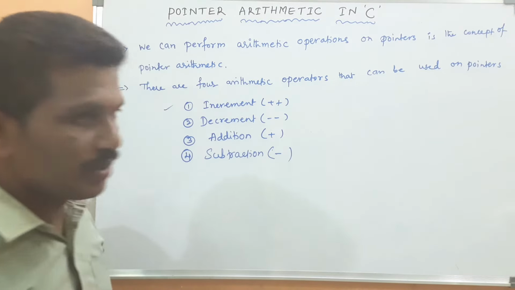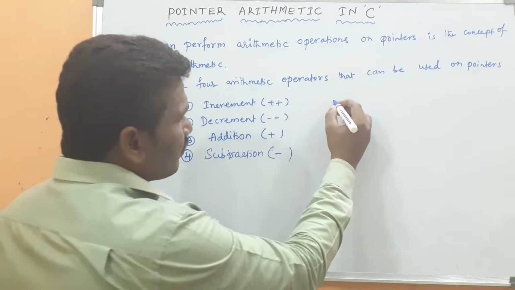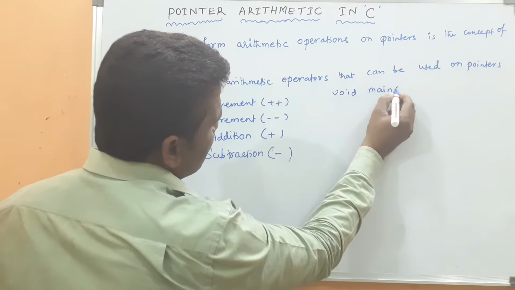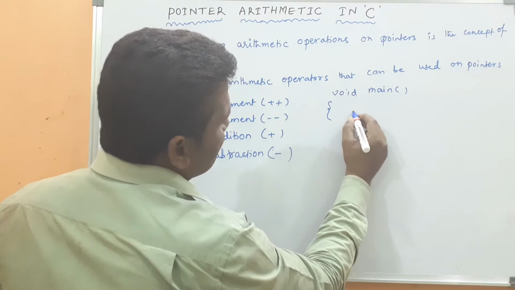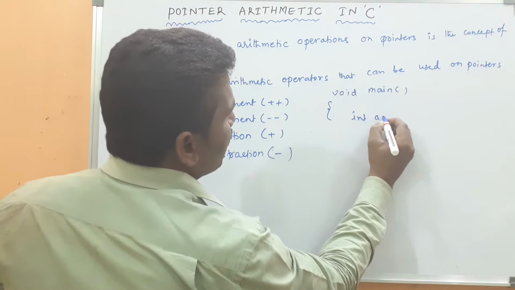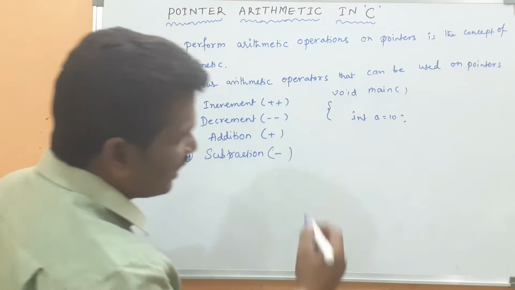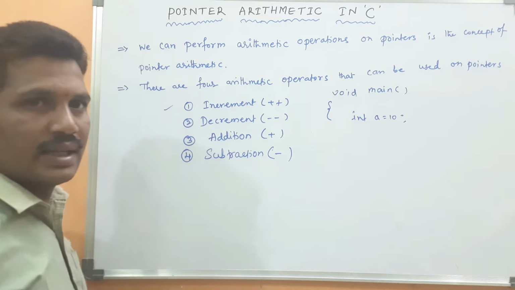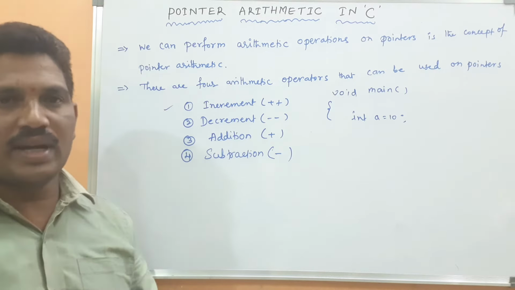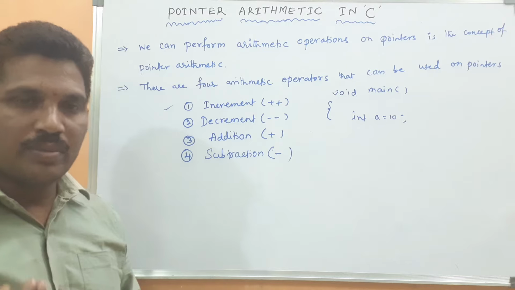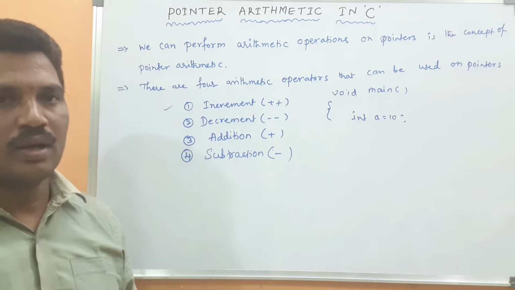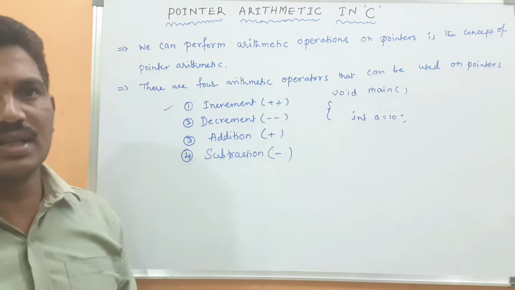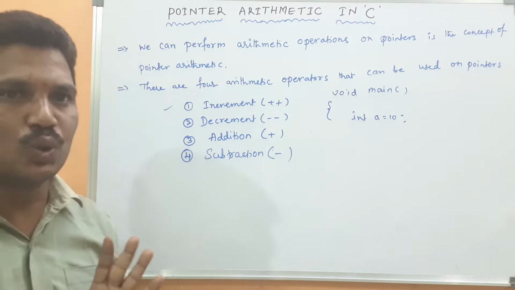Void main, int a equals 10. The meaning of that statement is, whenever you declare an integer variable, an integer is 2 bytes or 4 bytes. In 32 bit machines it is considered as 2 bytes, and in 64 bit machines it is considered as 4 bytes. We will take it as only 2 bytes.